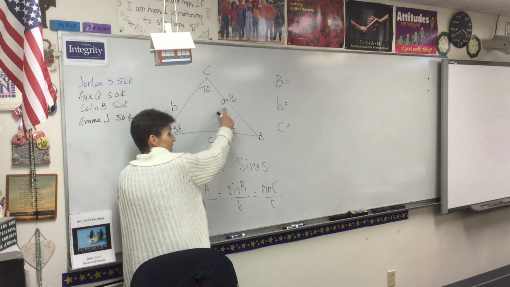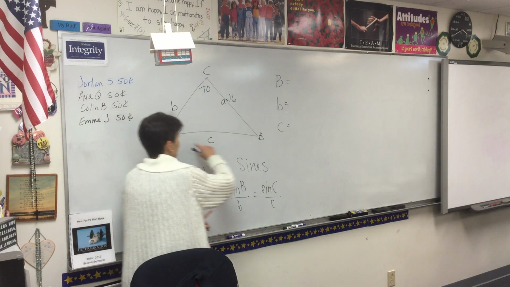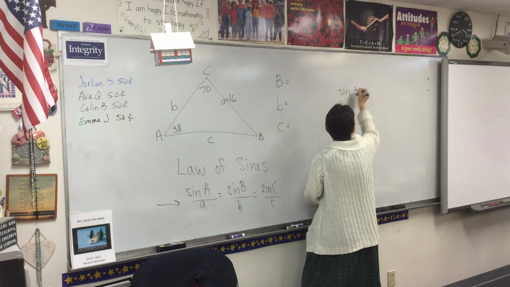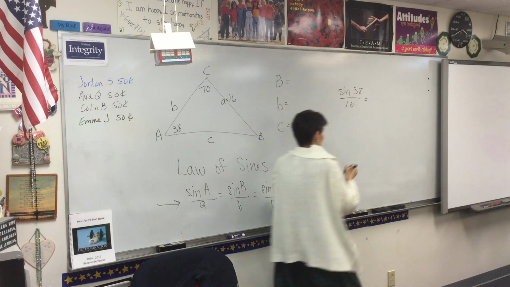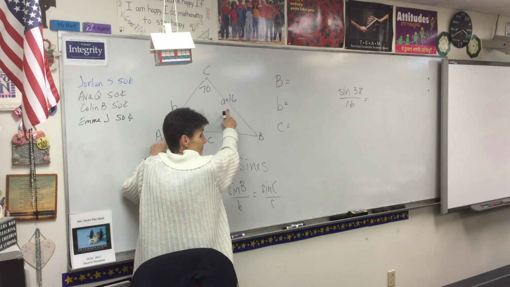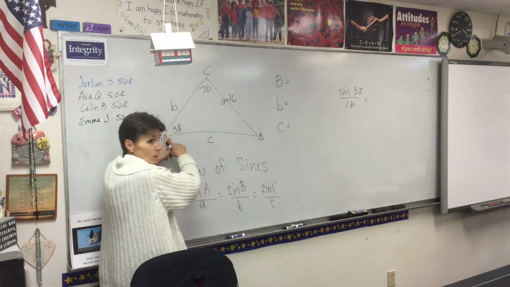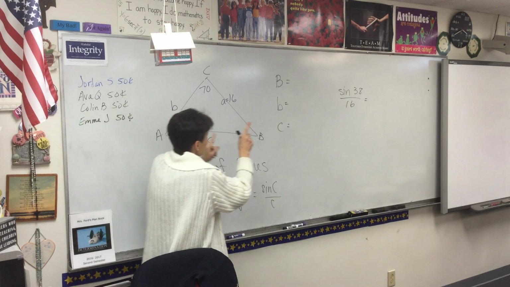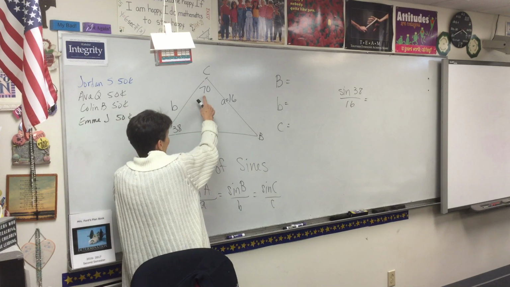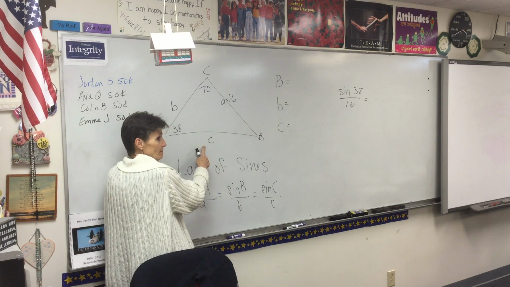I think I can do that right here. I'm going to say the sine of 38 over 16, the sine of A over side a. See that, everyone? Now that's going to equal, I don't care, how about sine 70 over c?